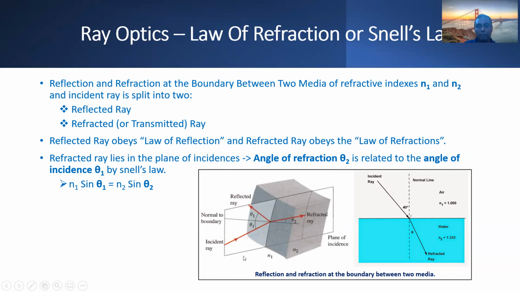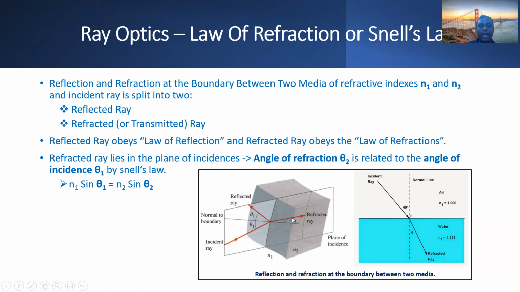Let's look at the picture here on the left hand side. We can see the plane of incidence, and the incident ray getting to the plane of incidence, and then it gets reflected. That angle is theta 1, where theta 1 must be equal to the incident angle. And then there is a ray that gets refracted or transmitted through, given by theta 2.